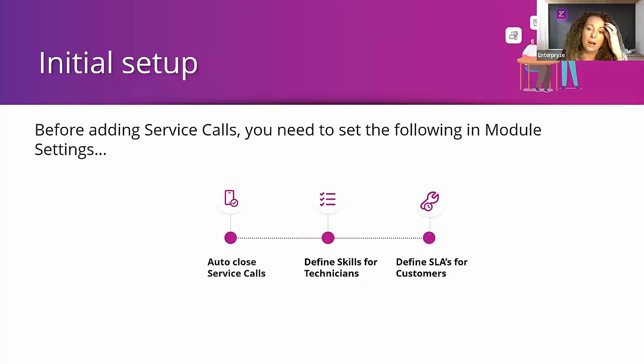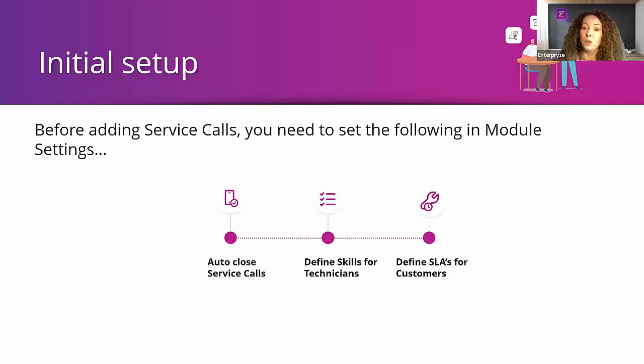I mentioned this earlier on, and this is important around compliance. If you want to ensure that the right technician takes on the right service call, and perhaps there's a certain list of training components that they need to have in order to carry out that particular job, this is where you can define the skills required for those technicians.